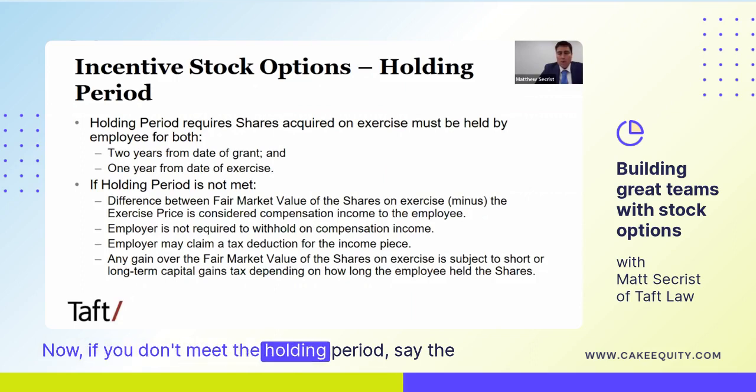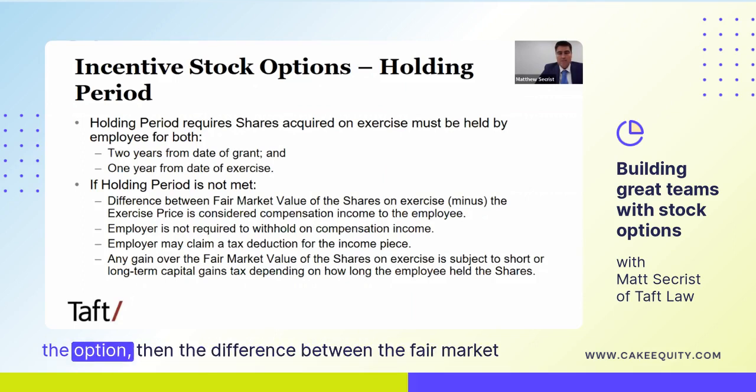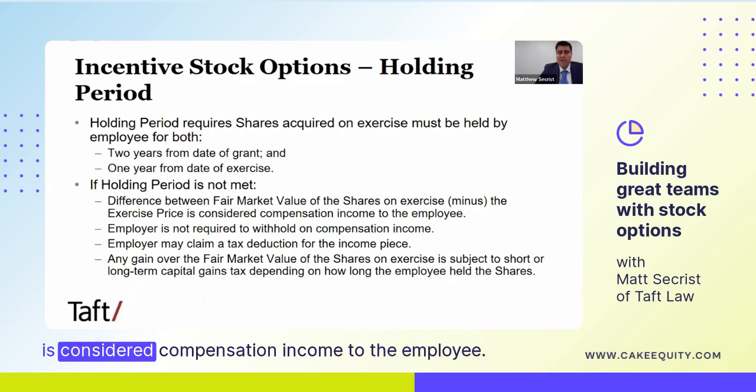Now, if you don't meet the holding period, say the employee sells the shares in the same year that they exercise and receive the shares through the option, then the difference between the fair market value of the shares on exercise minus the exercise price is considered compensation income to the employee.